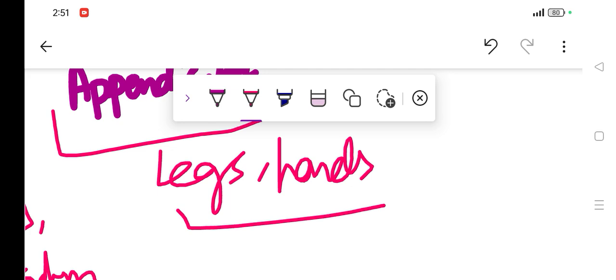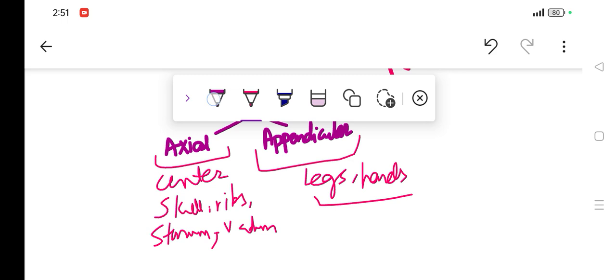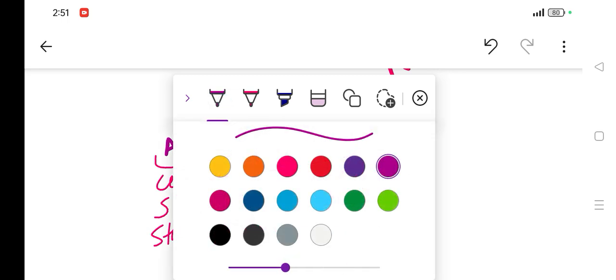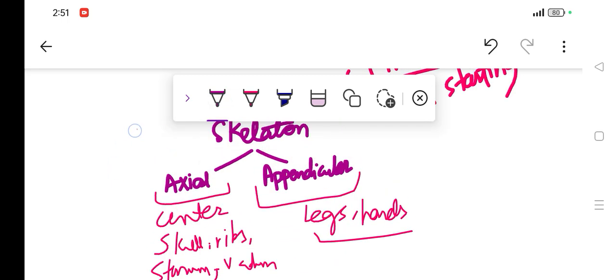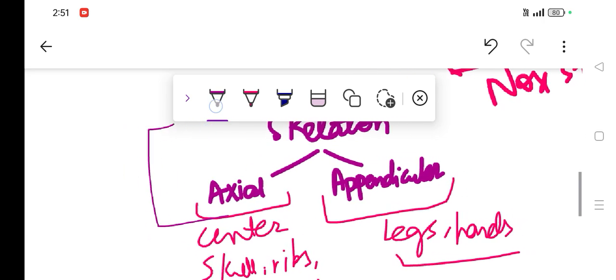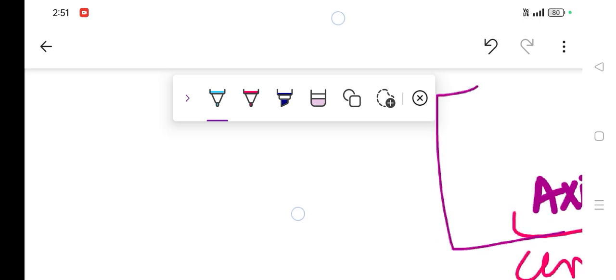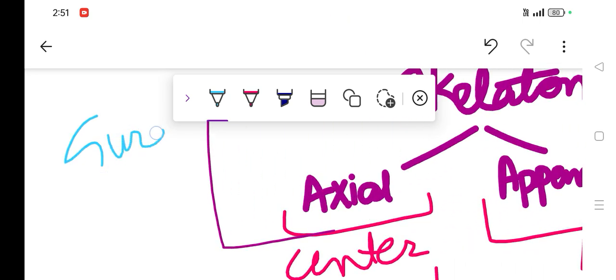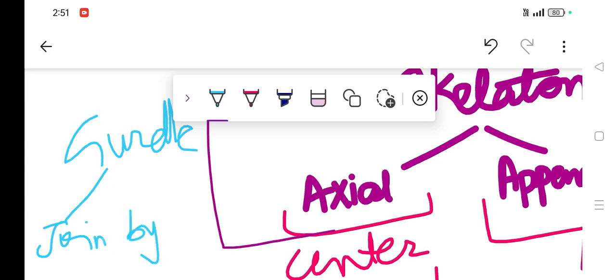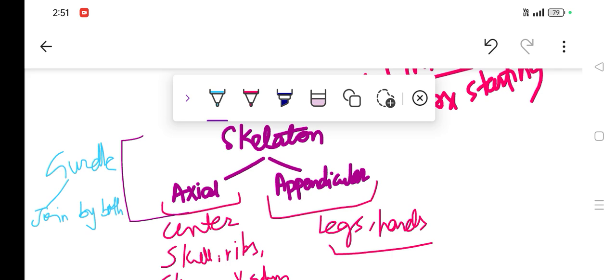These both are the main types, but there's one other called the girdle. A girdle is what joins both skeletons, crossing both the axial and appendicular skeleton. So I hope it is very clear.